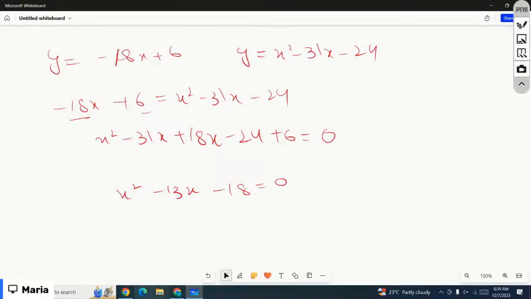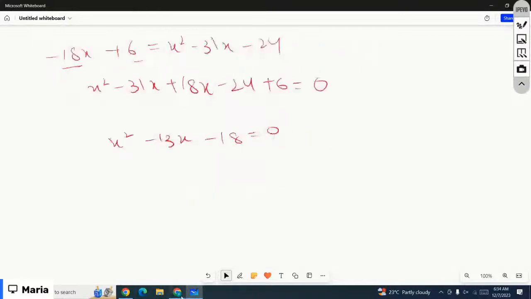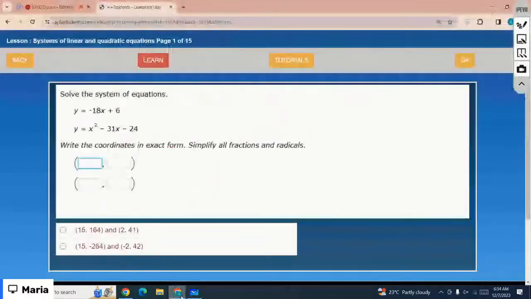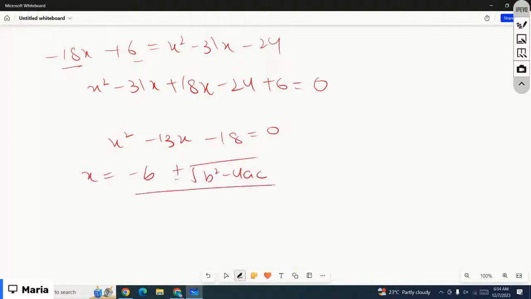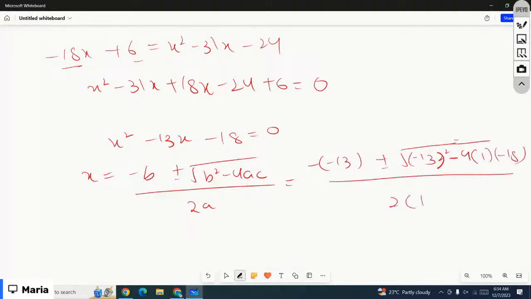Let's just evaluate this using the quadratic formula, right? x equals negative b plus minus square root b square minus 4ac, divided by 2a. Let's just evaluate. Negative of negative 13 plus minus square root of negative 13 square minus 4, a is 1, c is negative 18, divided by 2 times 1.